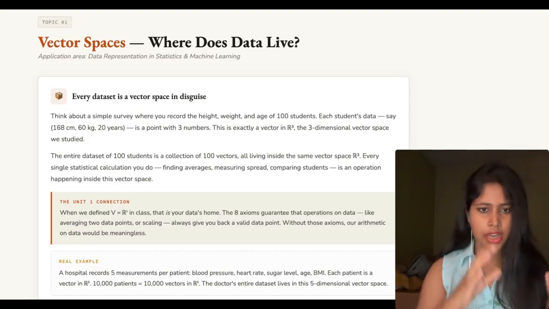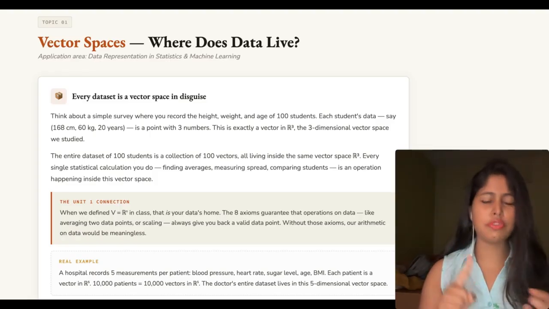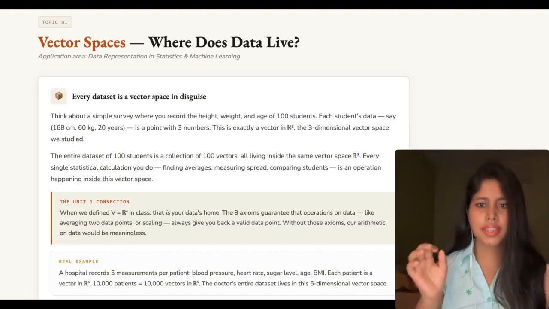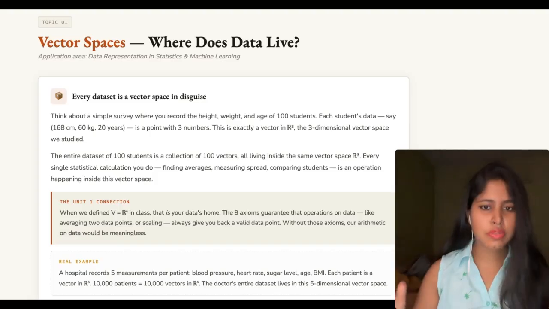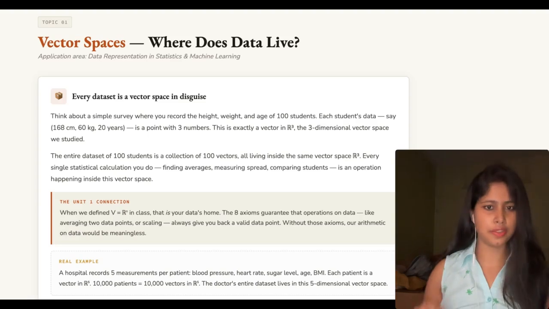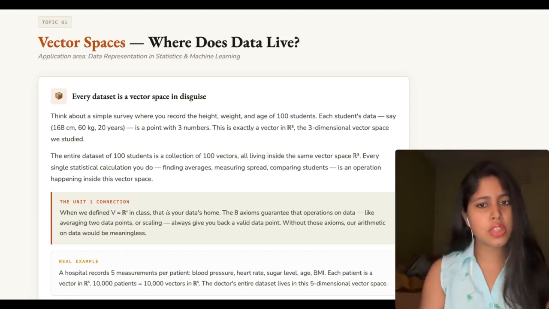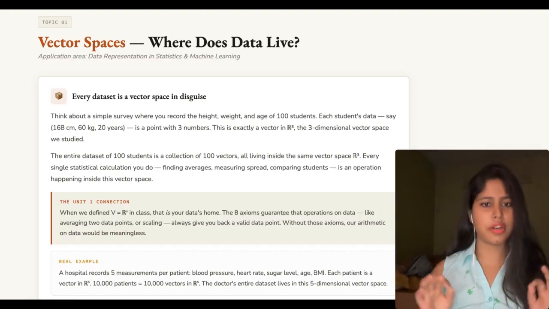That collection of numbers which I just said, 120, 75, 98, 45, and 27.4, is a vector in R5, right? And the entire vector space R5 is a universe where all your patient data lives. If you have 10,000 patients, you have 10,000 vectors, all in the same vector space R5.